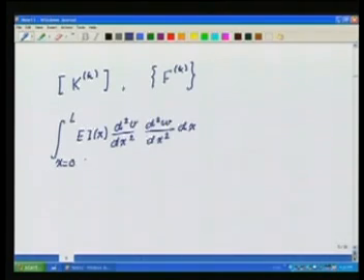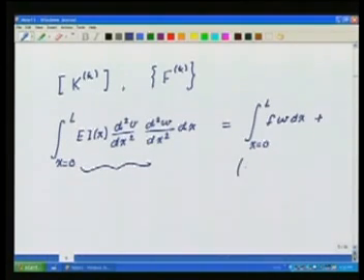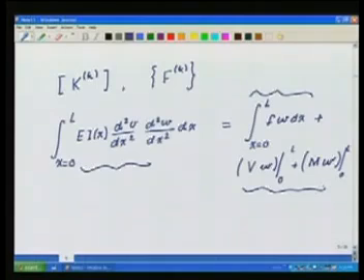This will give me the global stiffness matrix, and remember that on the right hand side I have integral x equal to 0 to L of F w dx plus the shear force into w evaluated at 0 and L plus the bending moment into w prime evaluated at 0 and L, and this quantity plus this quantity is going to give me the load vector.